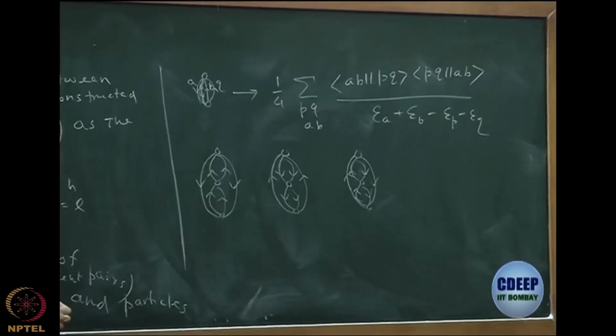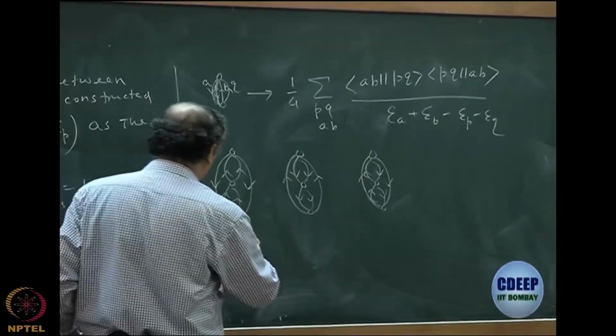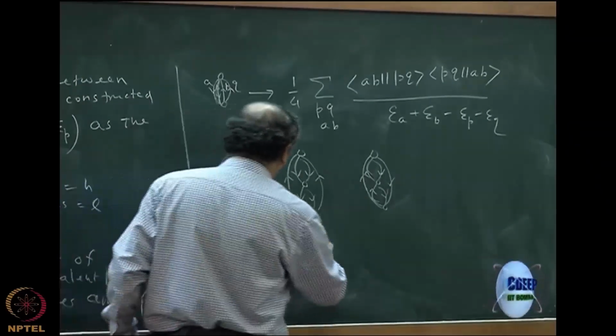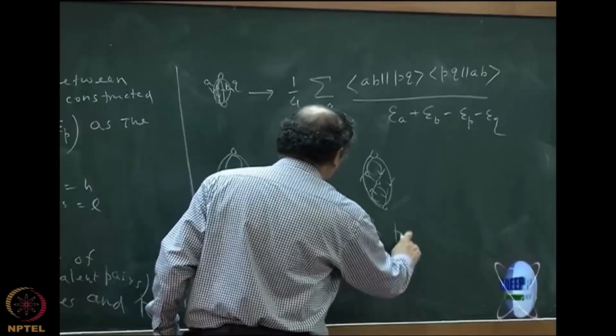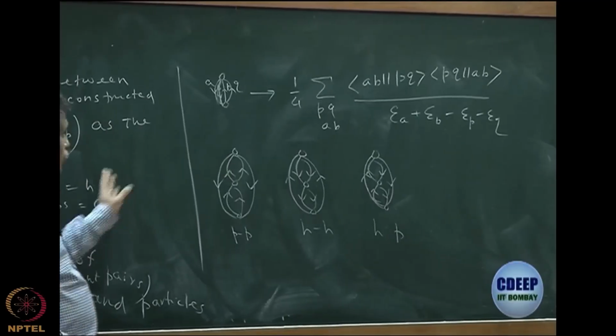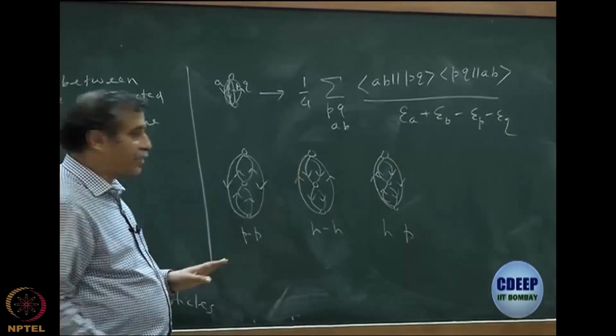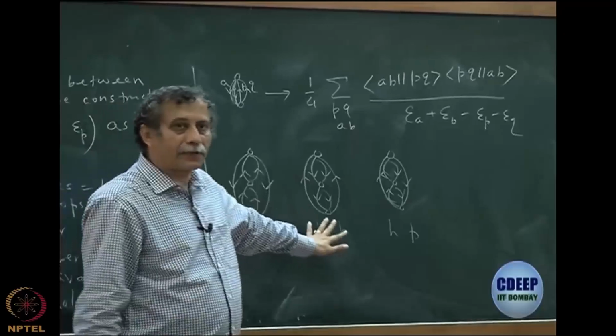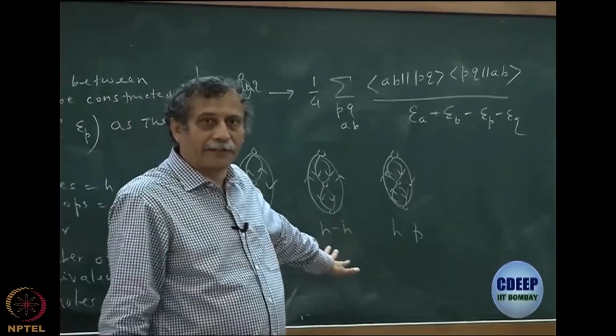So, these are 3 third order diagrams. One is a hole ladder, this is a hole ladder, this is a particle ladder. Okay. So, when you draw, of course, you can write the expressions. If I ask you to write the algebraic expression for this, I hope all of you can write it.